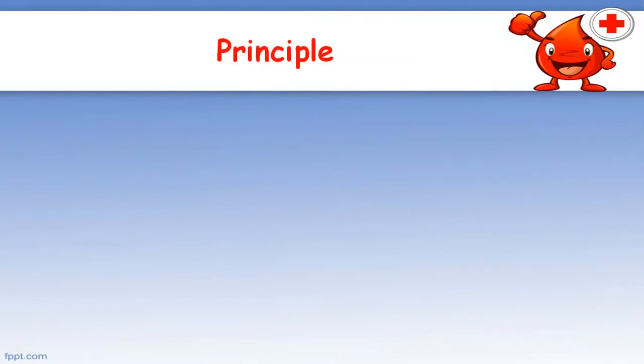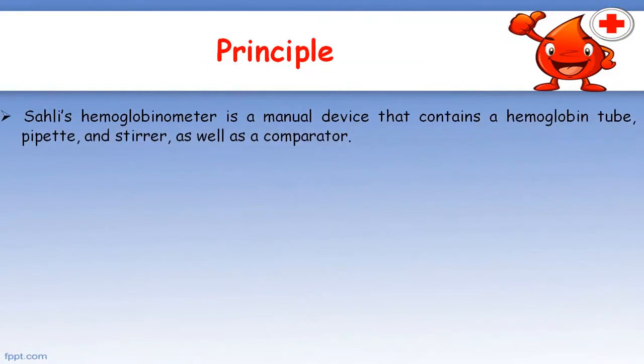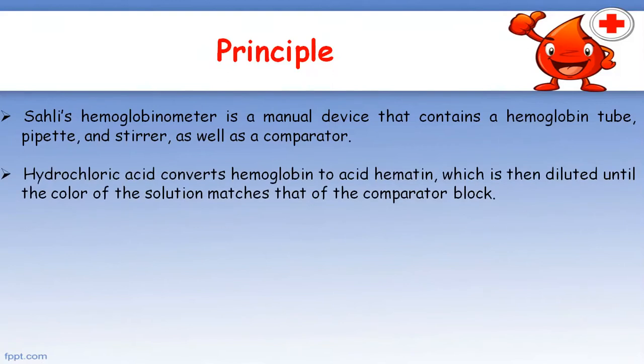Now next one is principle. Sahli's hemoglobinometer is a manual device that contains the hemoglobin tube, pipette, and the stirrer, as well as a comparator. Hydrochloric acid converts the hemoglobin to acid hematin, which is then diluted until the color of the solution matches that of the comparator block.